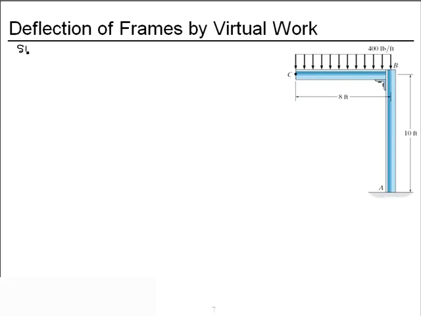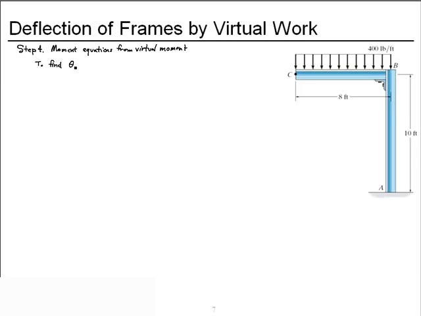Step 4, we said, is to find the moment equations from application of the virtual moment. And why do we do that?